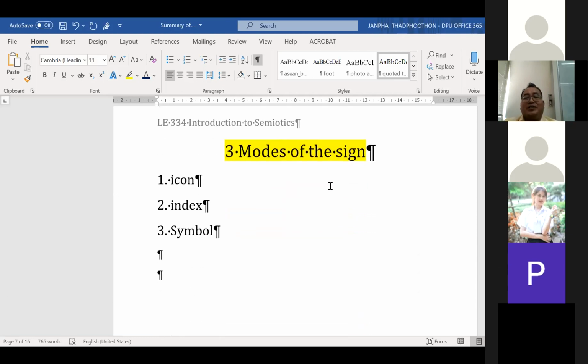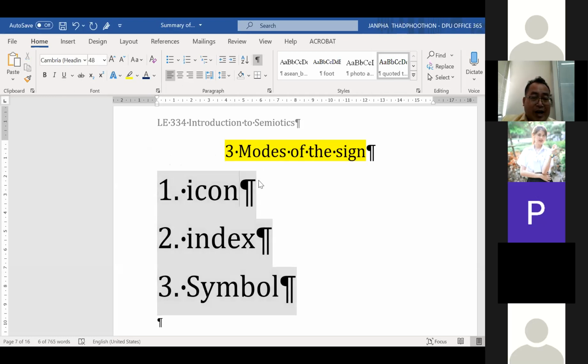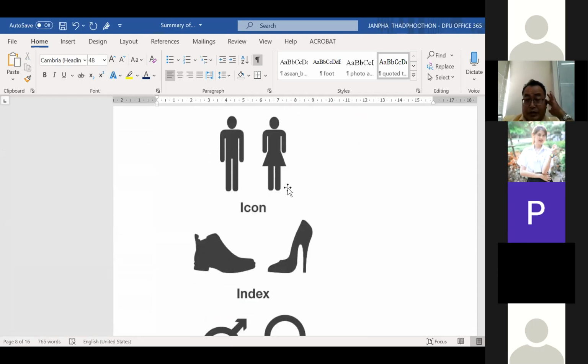And the three modes of the sign according to Peirce, I think you all remember this: the icon, index, and symbol. I will not go over this again because you will get bored. So this is an icon because it looks like an object.